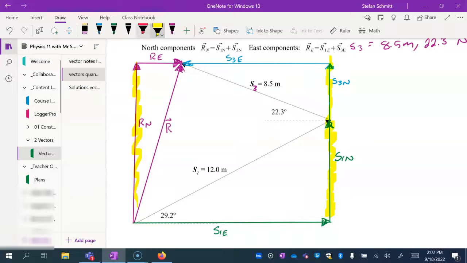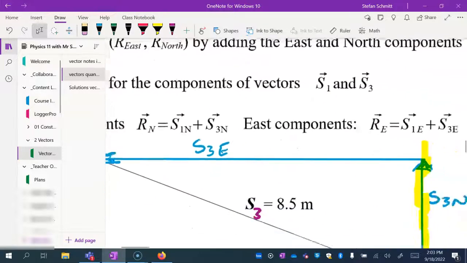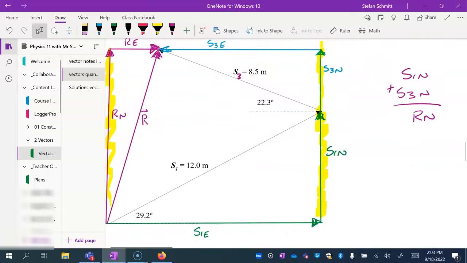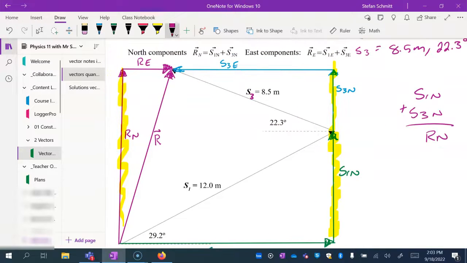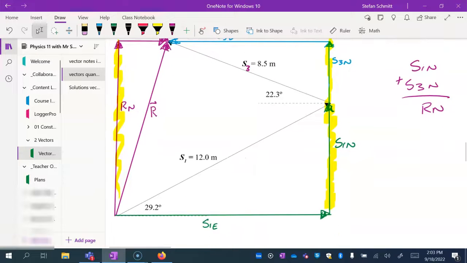We can write S1 north plus S3 north equals R north, right? We could write it like that, or you could write it like this, as I have done in type here. Okay? And the same is true with the east components. The east component of R is equal to the sum of the east components of S3 and S1.